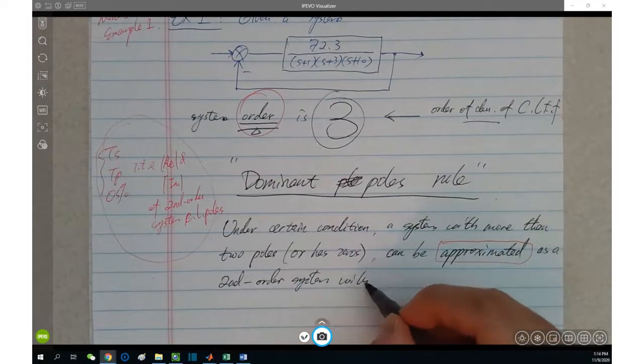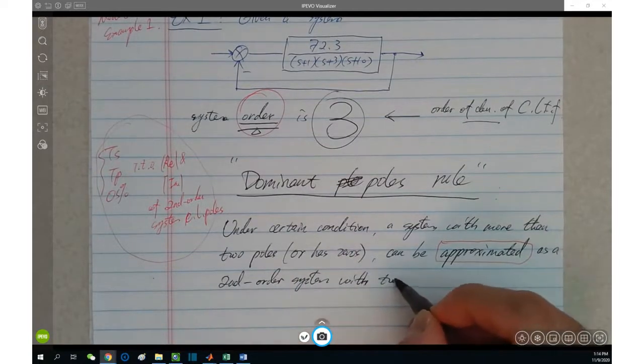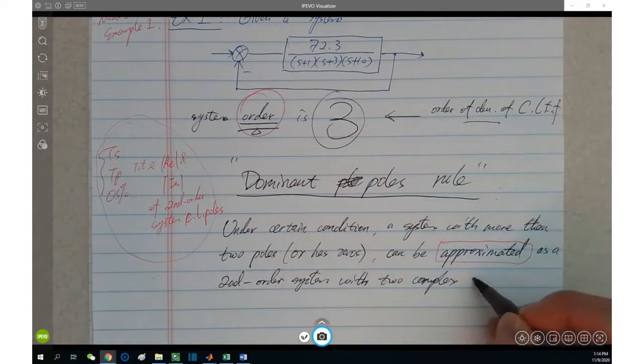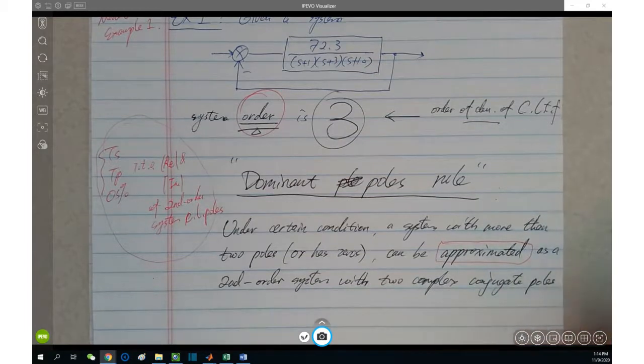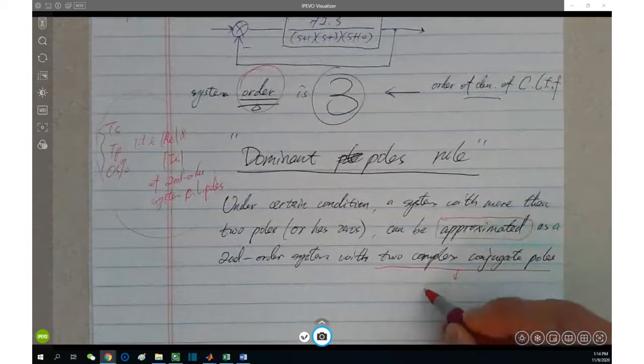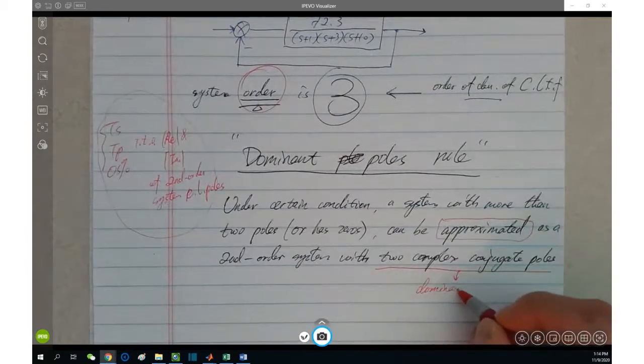with 2 complex conjugate poles. And those 2 complex conjugate poles are what we call the dominant poles.